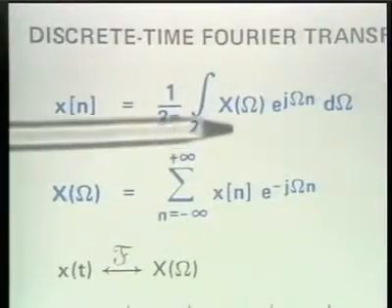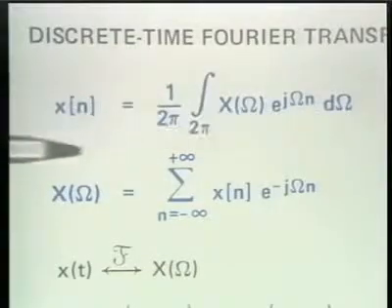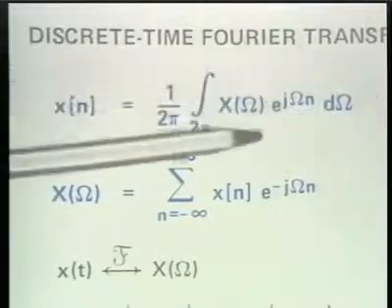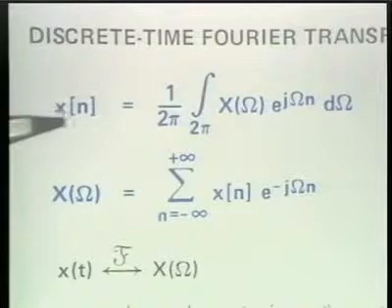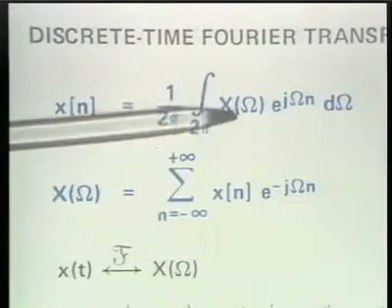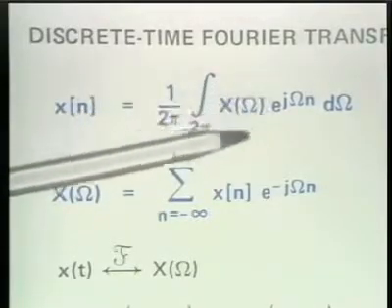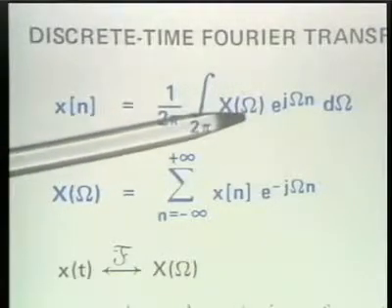And I draw your attention again to the basic point that the synthesis equation essentially corresponds to decomposing the sequence as a linear combination of complex exponentials with amplitudes that are in effect proportional to the Fourier transform.